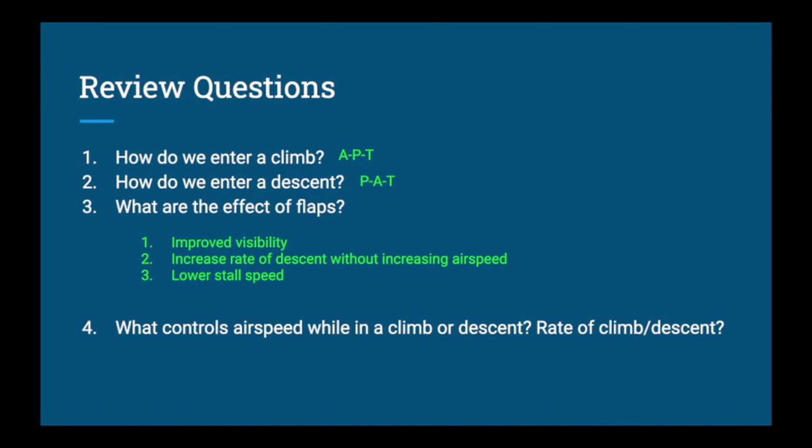Question 4. What controls airspeed in a climb or descent? And then what controls the rate of climb or descent? So the airspeed is going to be controlled by your pitch, and the rate of descent or climb will be with your power.